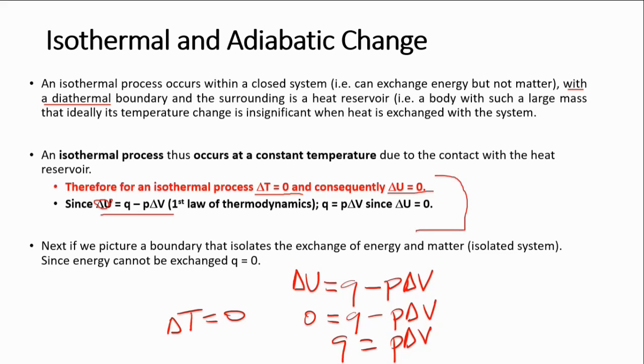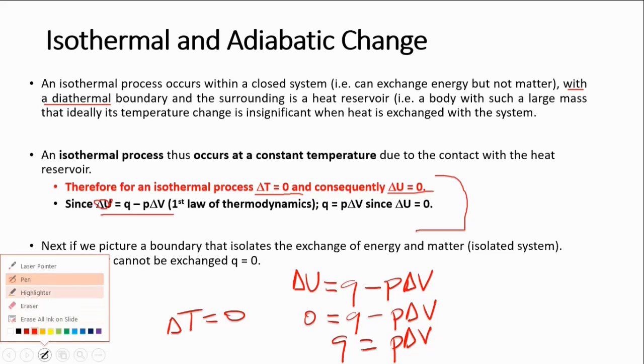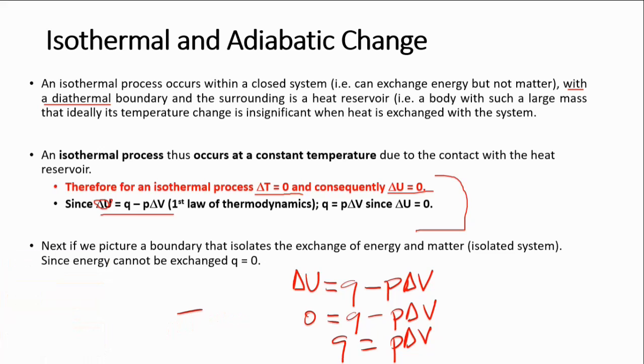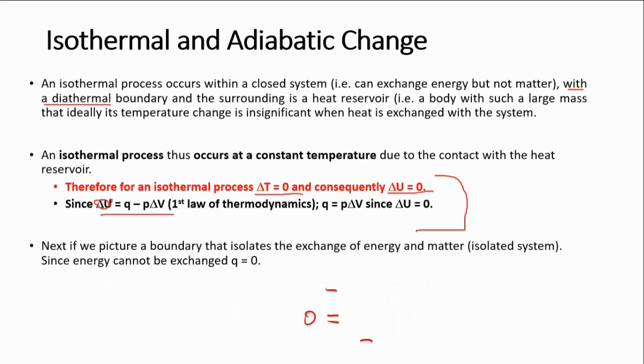Next, if we picture a boundary that isolates the exchange of energy and matter, then we're talking about an isolated system. And so there cannot be exchange of heat if we're dealing with an isolated system, because remember earlier we defined the isolated system as one in which no energy is exchanged with the surroundings and no matter is exchanged with the surroundings.